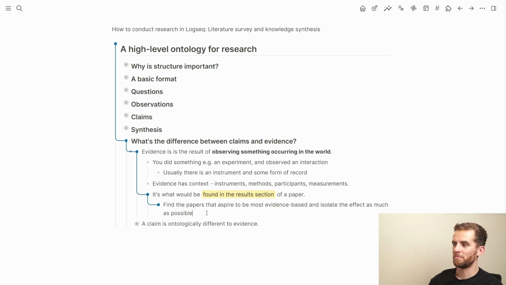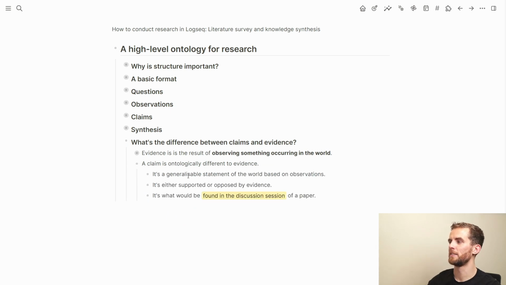Just a little word of advice maybe: find the papers that are aiming to be as evidence-based as possible and isolate the effect. What is the independent variable that we're testing, and how are we sure that we've been able to collect the data or present the data in such a way that it's not biased by the author shaping the narrative with their claims? So the claim is ontologically different to the evidence.